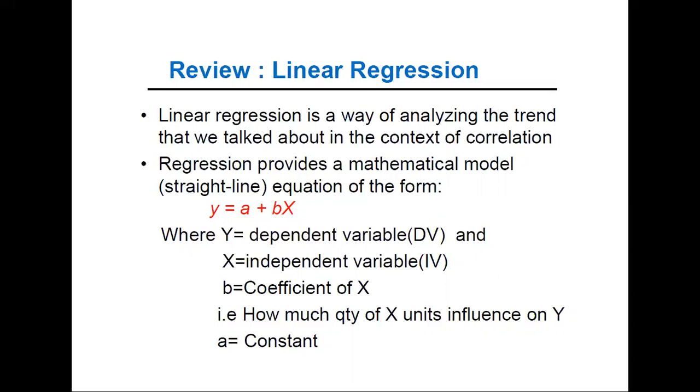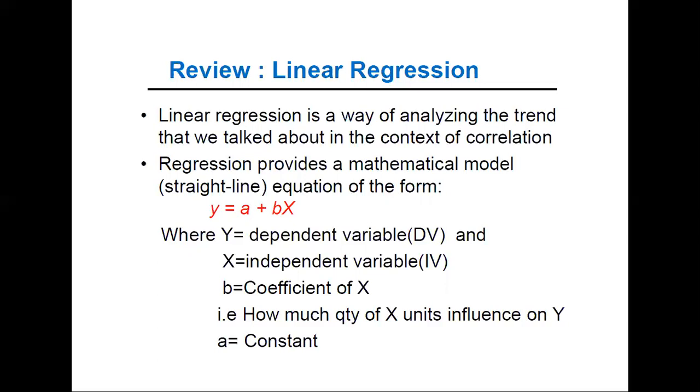Therefore, here linear regression will give you the trend value or a good average value for the response variable, or dependent variable. Linear regression is a way of analyzing the trend, the future tendency of the data that we talk about in the context of correlation, which gives only the intensity of linear relationship.